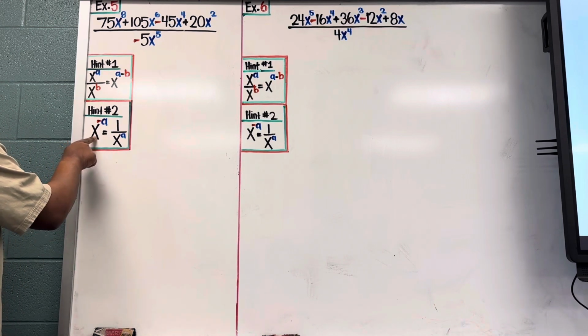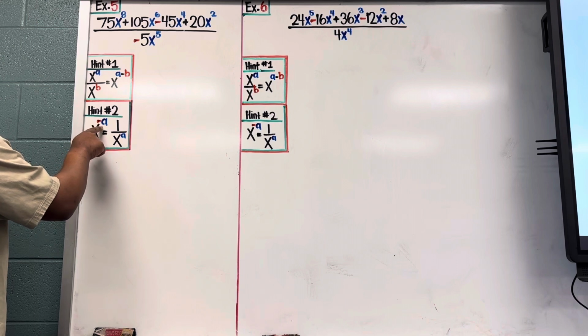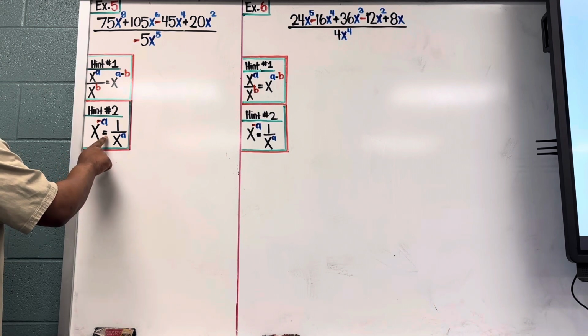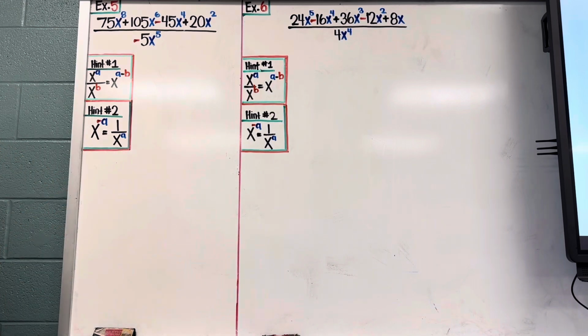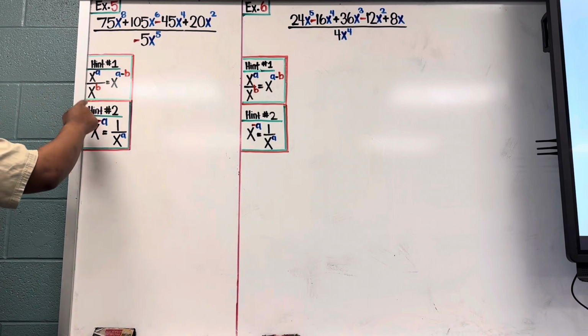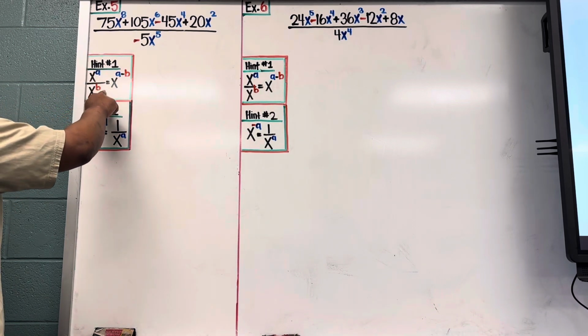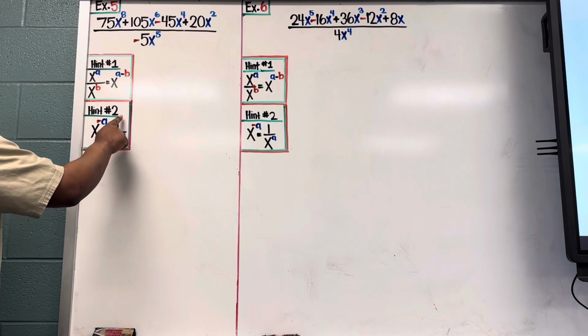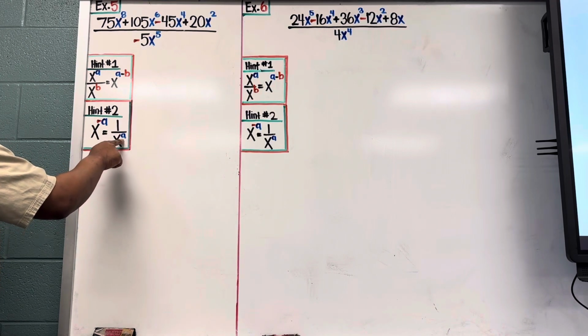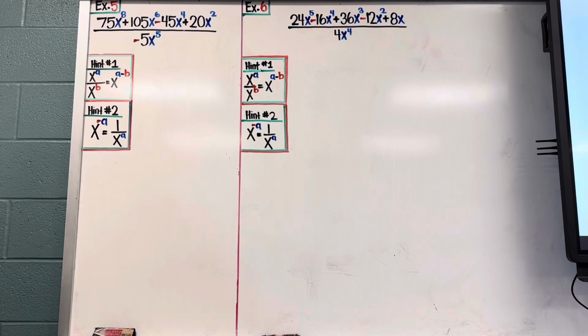Whenever we have a variable with a negative exponent, it equals 1 over that variable to the positive exponent. So once again, hint 1, when we divide, we must subtract the exponents. Whenever you have a negative exponent, it equals 1 over that variable to the positive version of that exponent.